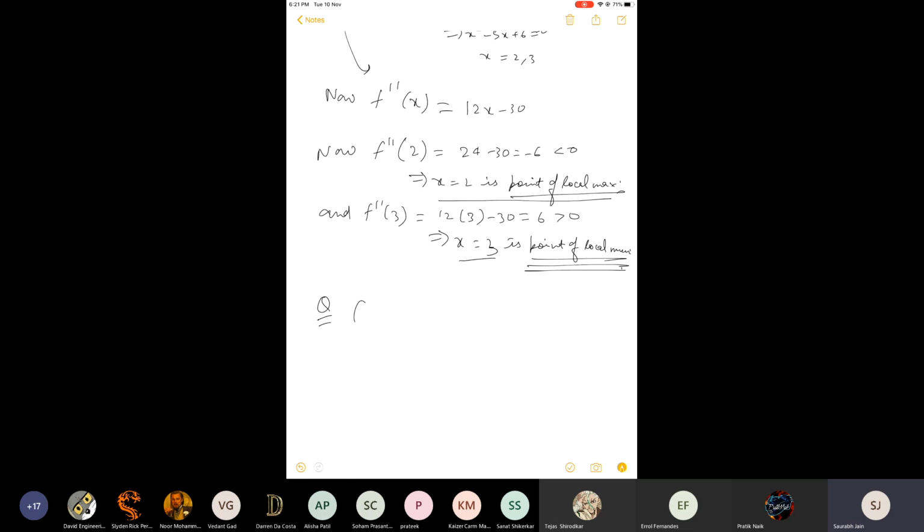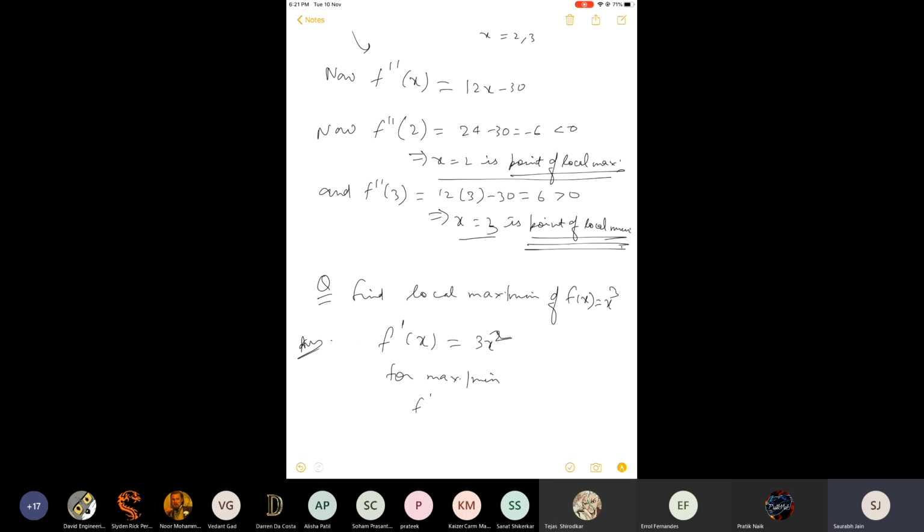Similarly, find local maximum and minimum. Another example, same concept. Let us start. See, f dash x is 3x square. For maximum minima, you put f dash x equal to 0, which means 3x square equal to 0.